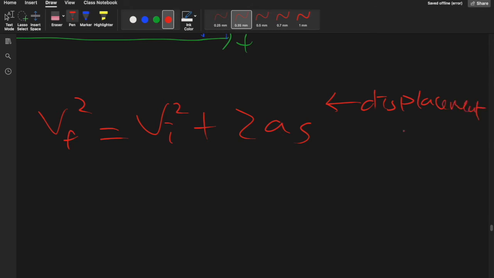I like to use the letter x to represent displacement, but in the picture they use s to represent displacement, which is the same thing. So in this equation, time is missing. How can we represent time?